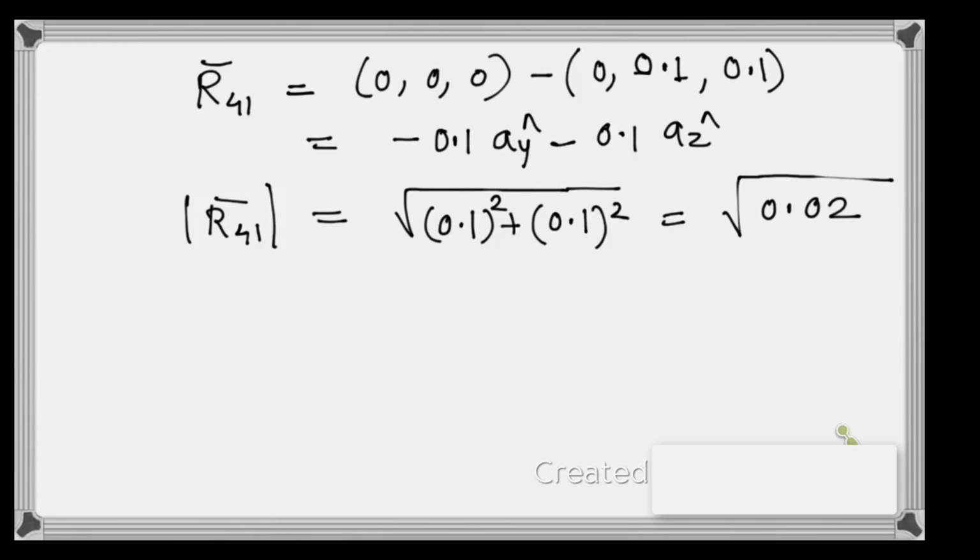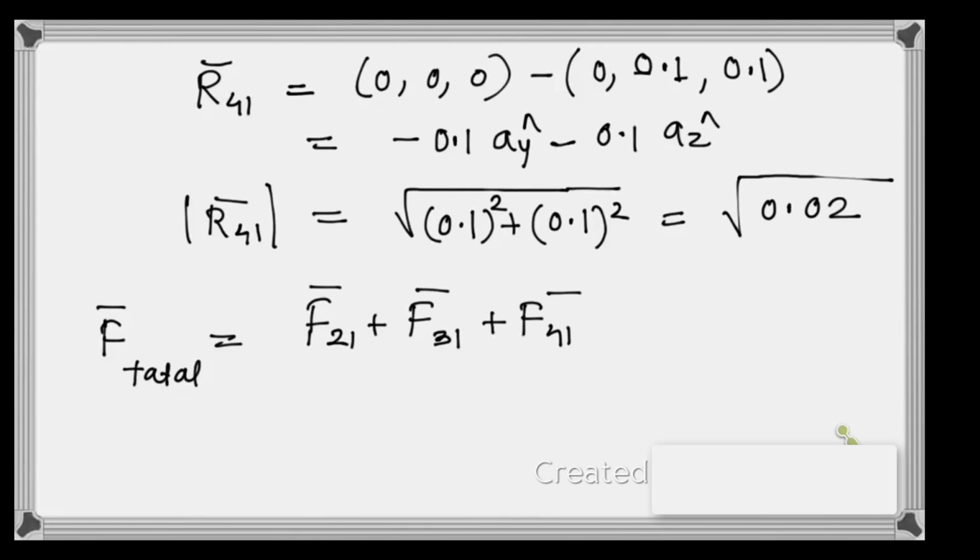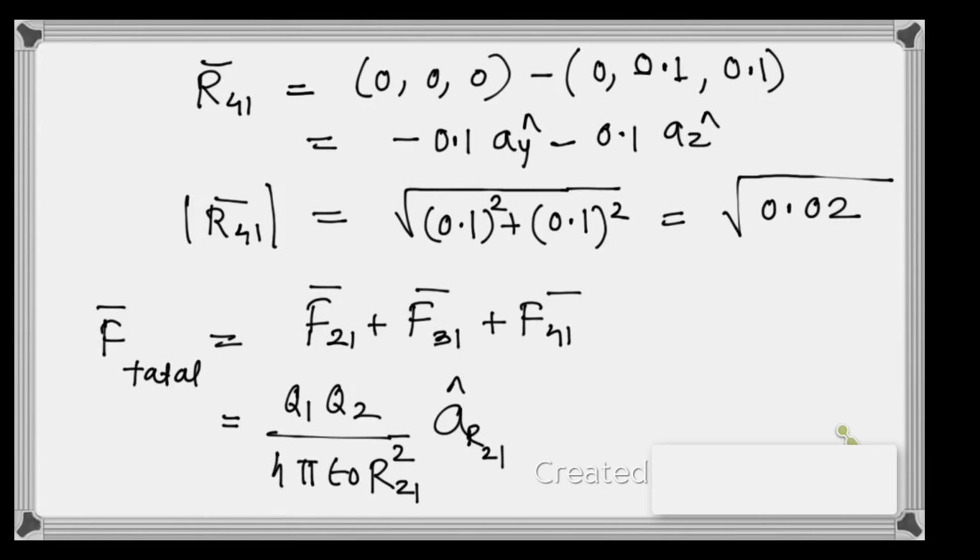Now we can find the individual forces and then add, or we can find the total equation. So F total is equal to F21 plus F31 plus F41. For this we require F21, which is q1 q2 divided by 4 pi epsilon naught, magnitude of R21 squared, and a cap R21, right.